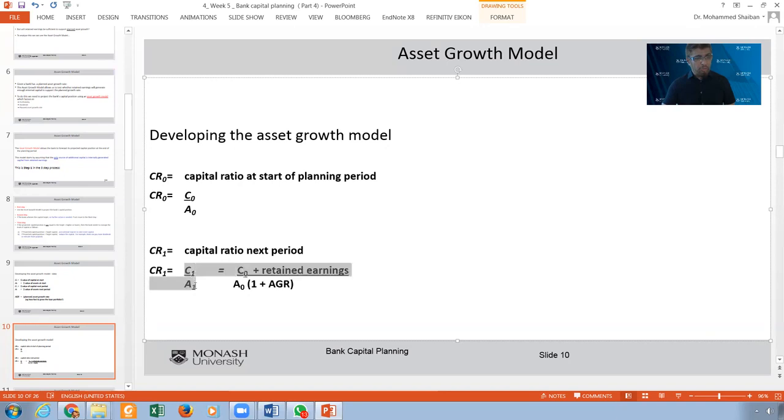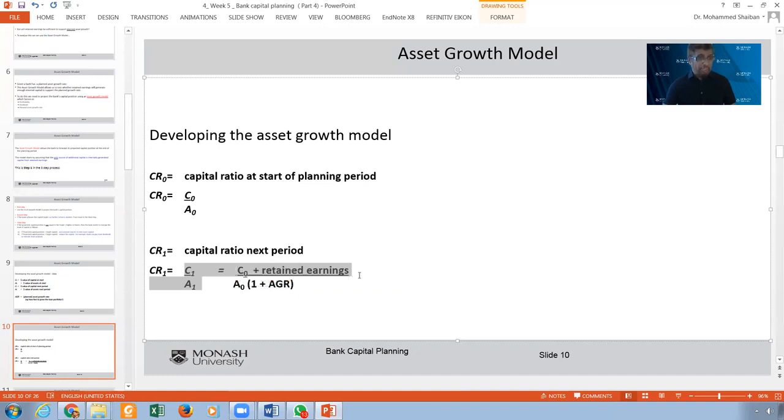This is the ratio at the end of the year, which means I will take the capital at the beginning of the year and the asset at the beginning of the year. This will give me the percentage of target capital at the beginning of the year. I will add the retained earnings, and I will add the growth to the asset, and I will check how much this is.